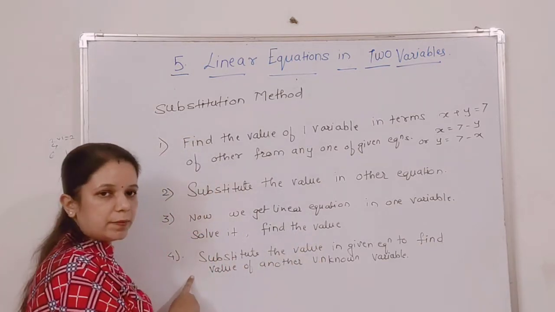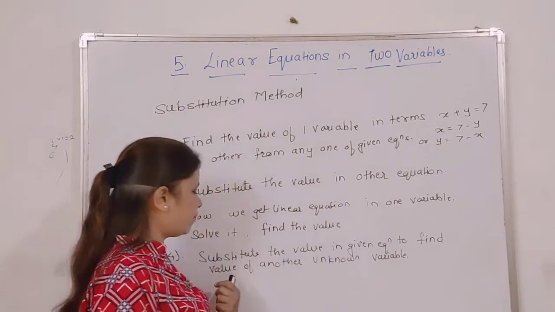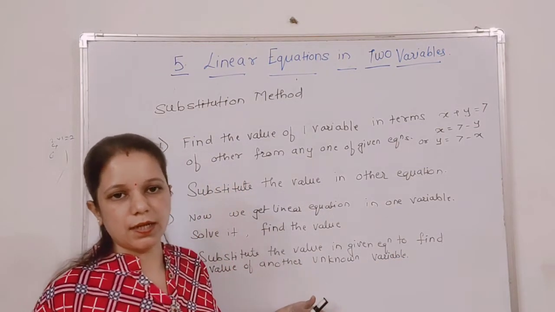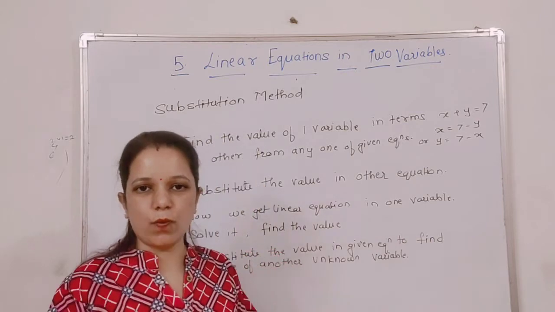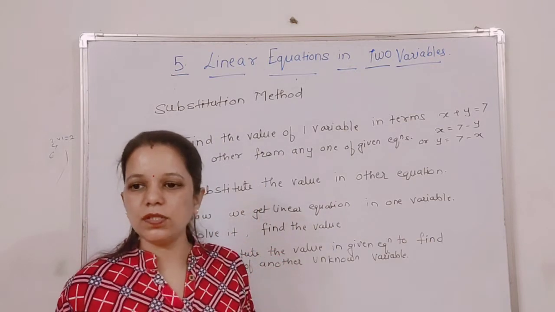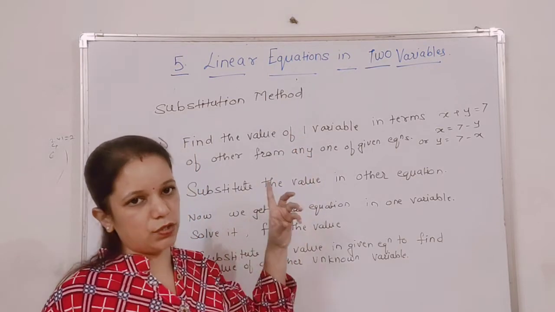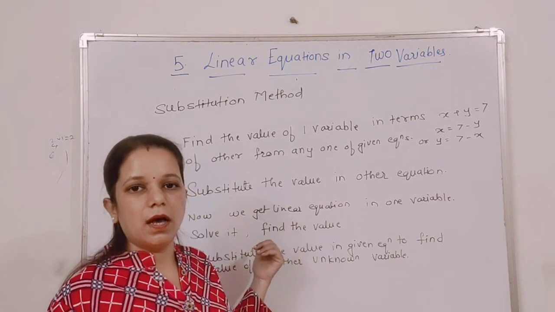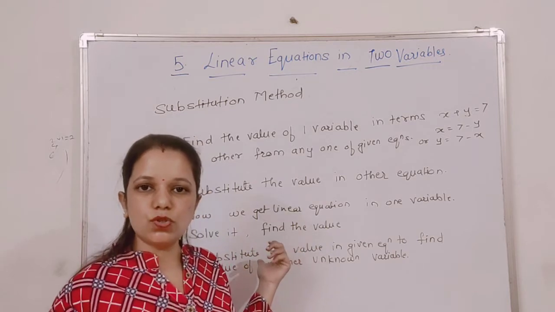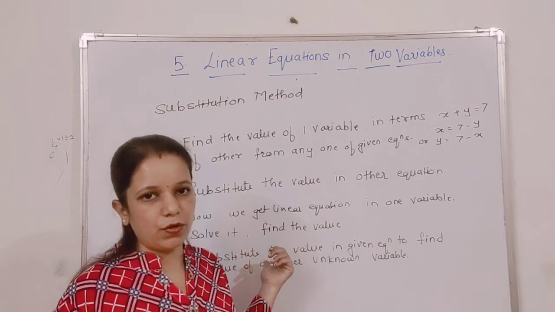And fourth step, substitute the value in the given equation and find the value of the other unknown variable. In 4 simple steps, you will get the solution by using the substitution method. So now we will see some sums on how to solve them using the substitution method.